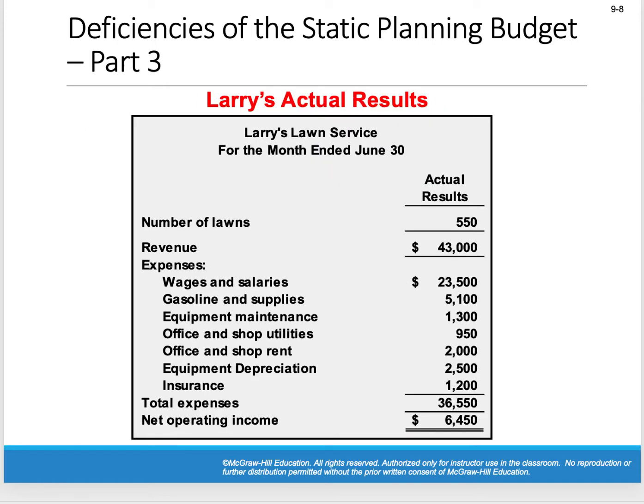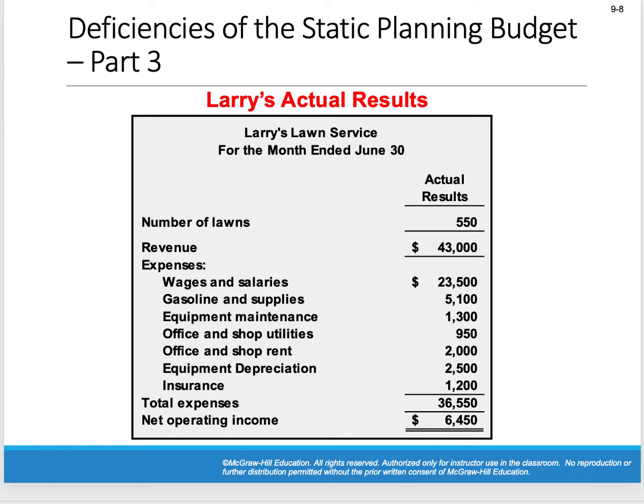But now we get to the actual results, right? The actual results. Larry actually cut 550 lawns. So obviously his revenue is going to be higher. His wages and salaries are going to be higher. His gas and supplies are going to be higher.